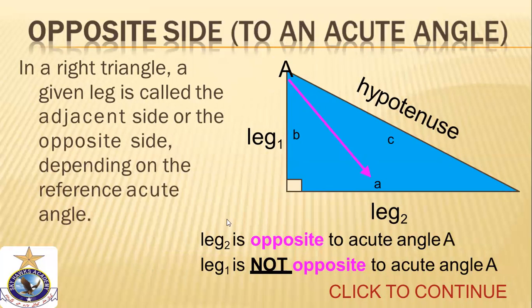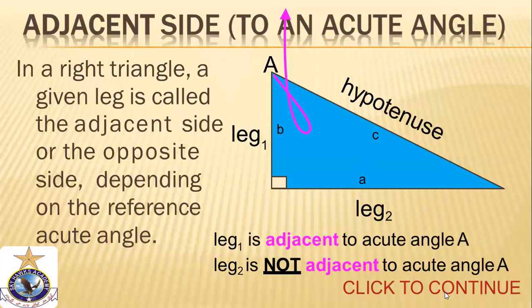Now look at this one. Please read this. In a right triangle, a given leg is called the adjacent side or the opposite side, depending on the reference acute angle. Leg 2 is opposite to acute angle A, and leg 1 is not opposite to acute angle A. Then look at this.